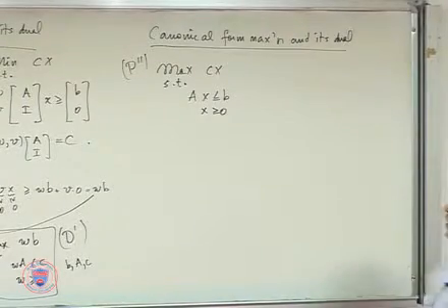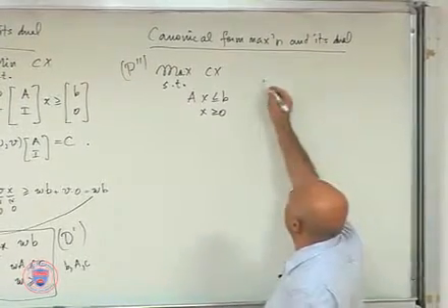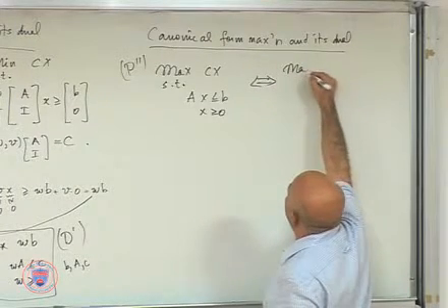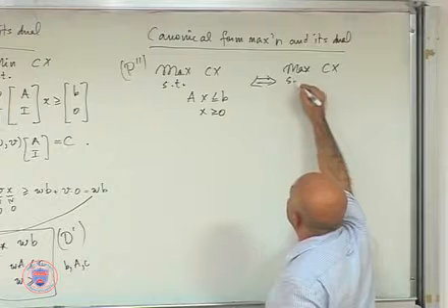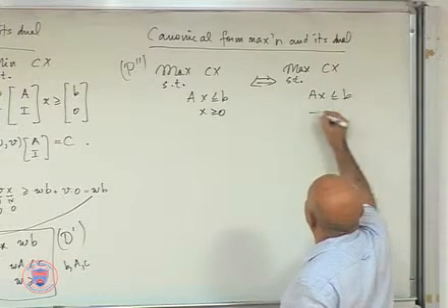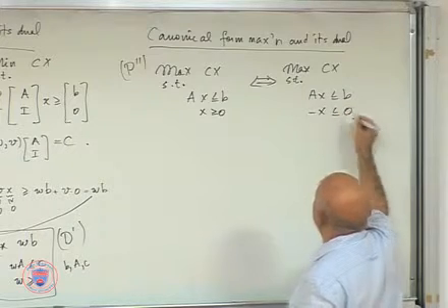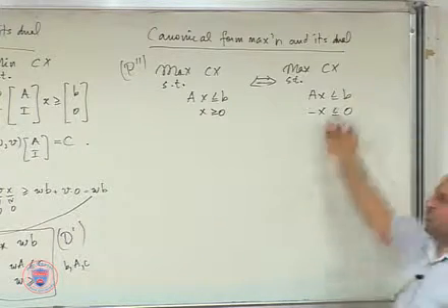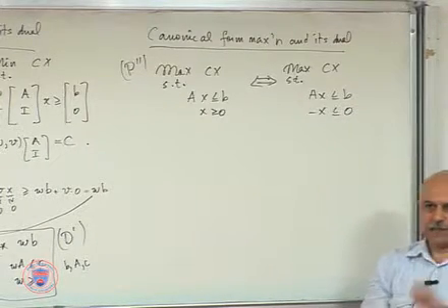That's your canonical form maximization, which can be rewritten in the form as maximize CX subject to AX less than or equal to B, minus X less than or equal to 0. I want to make all the constraints of the same sense.